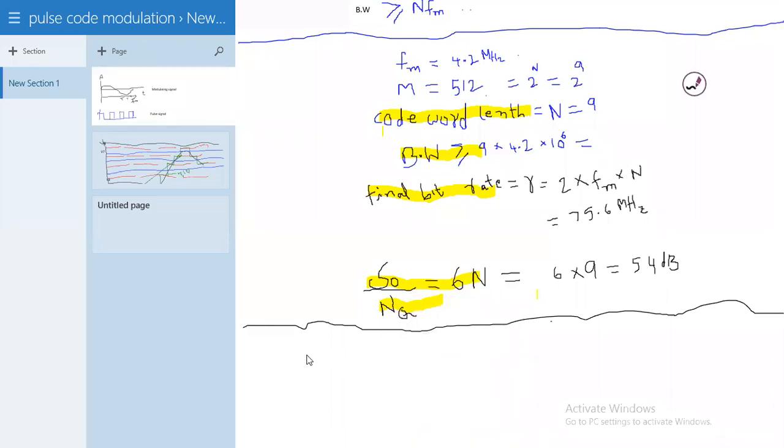Compounding, C-O-M-P-A-N-D-I-N-G, compounding of PCM system. Okay, what is compounding?